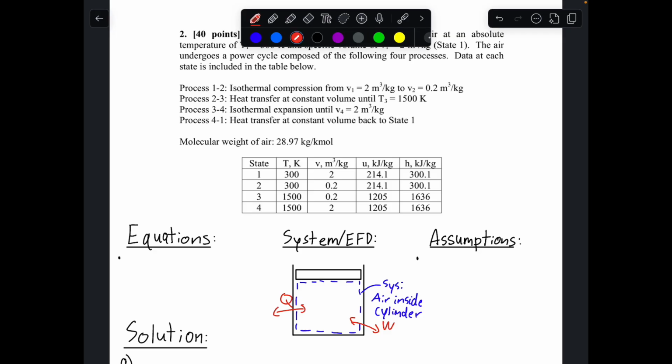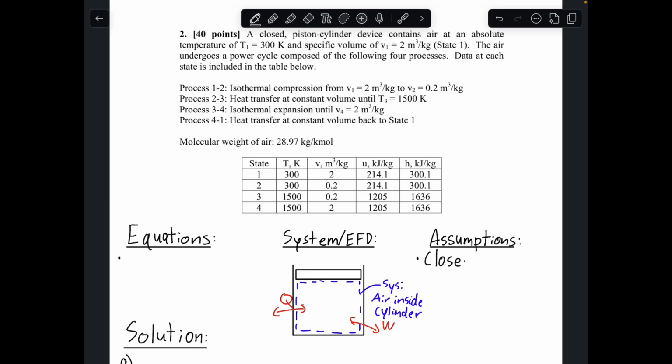And then for assumptions, if you did the fall 2018 exam 1, which is the same year that this one is, then hopefully you're pretty comfortable with piston cylinder problems by this point, and we know what kind of assumptions we want to make here. First, it tells us in the problem statement that we have a closed piston cylinder device.